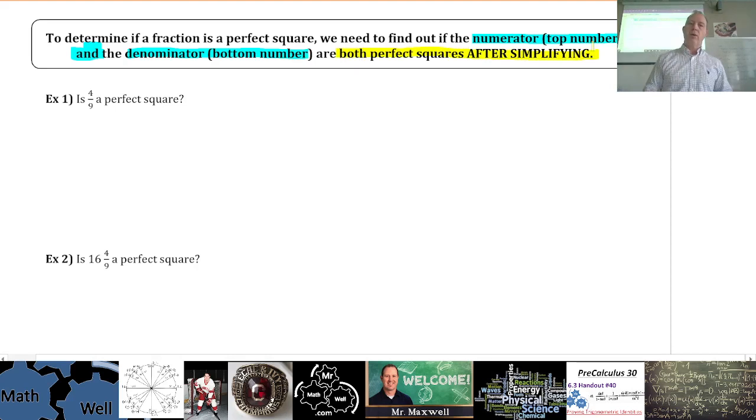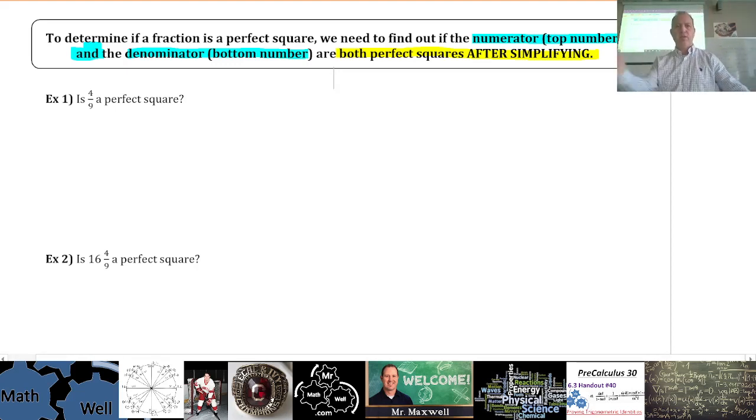So are they both perfect squares after simplifying the fraction? If we can say yes, then we have a fraction that's a perfect square. Okay, so it has to kind of get down, as you've seen, to the top number being a perfect square on its own, and the bottom number being a perfect square on its own.